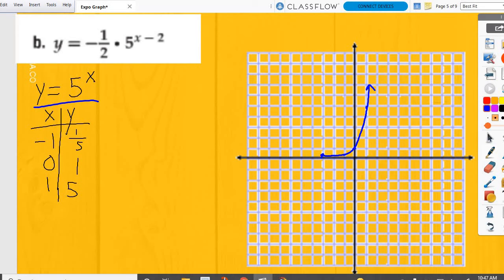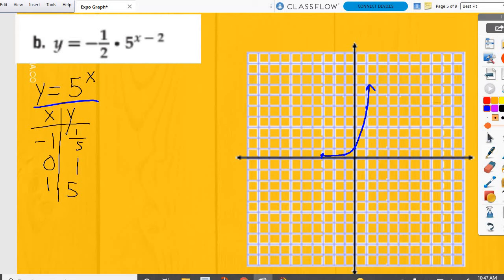Now, is there anything else going on with this graph? There's a number in my exponent, which is our h value. So what does that do? It moves it to the left or right, and in this case, it'll move it to the right 2 spots. But then what else do we have happening? It's being reflected, because it's negative. And it's being compressed, because I'm going to get smaller numbers, right?